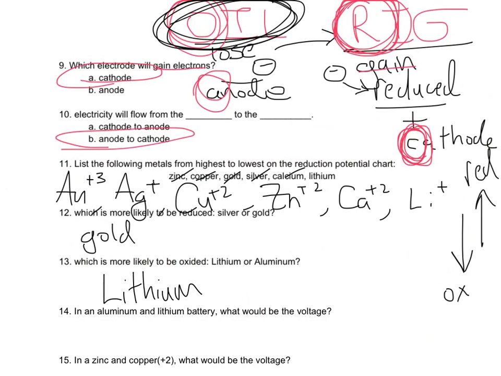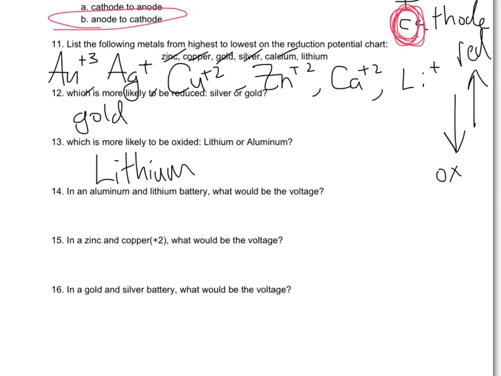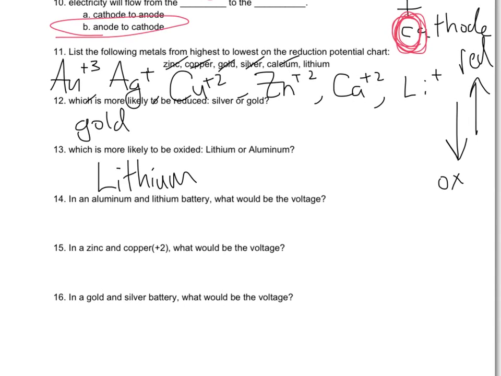And lastly, in an aluminum and lithium battery, what would be the voltage? So, we're looking at the reduction potential chart, and Al, aluminum, we have Al, and it's a +3.